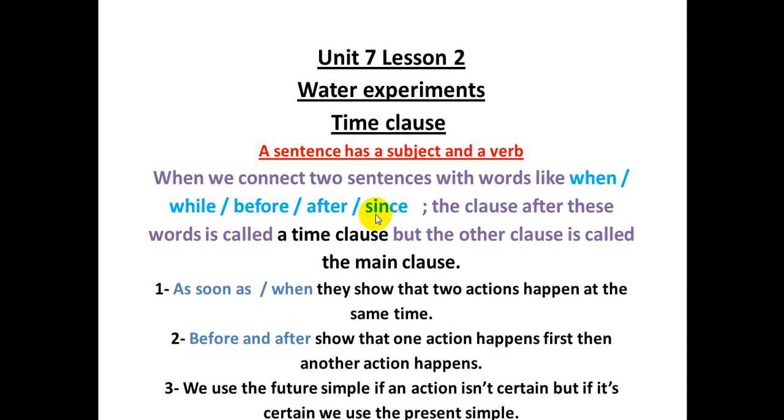The clause after these words, when, while, before, after, and since, is called a time clause. The sentence that starts with them is called the time clause, and the other sentence is called the main clause.